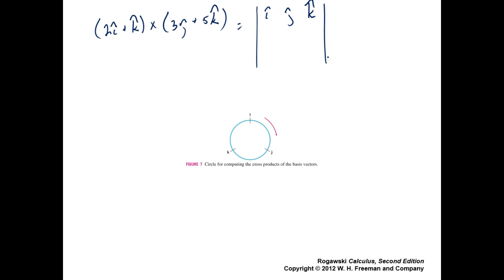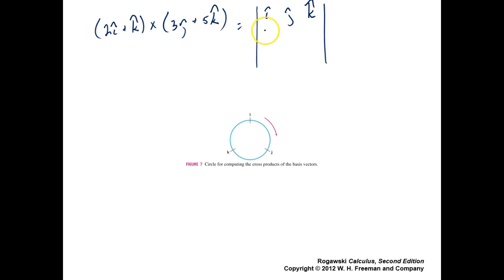What goes on the second row? Yeah, the coordinates, right, the components of the first vector, the one that shows up first in the cross product.